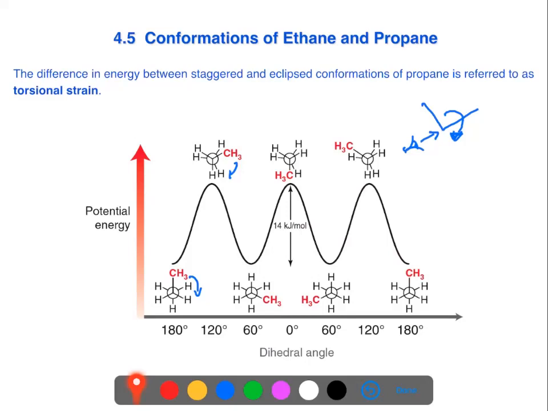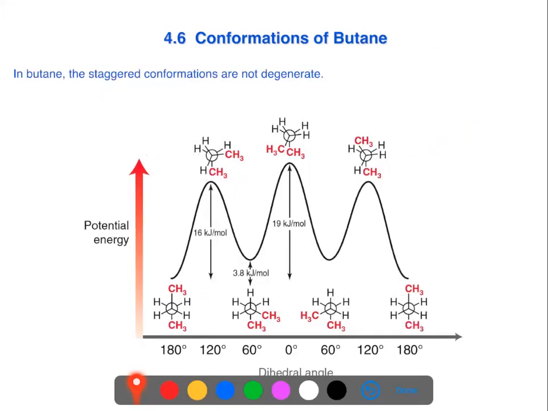So again, torsional strain is the predominant factor that is responsible for the difference in energy as we go from staggered to eclipsed. Now, when we go to butane in section 4.6, the situation is a little bit different.